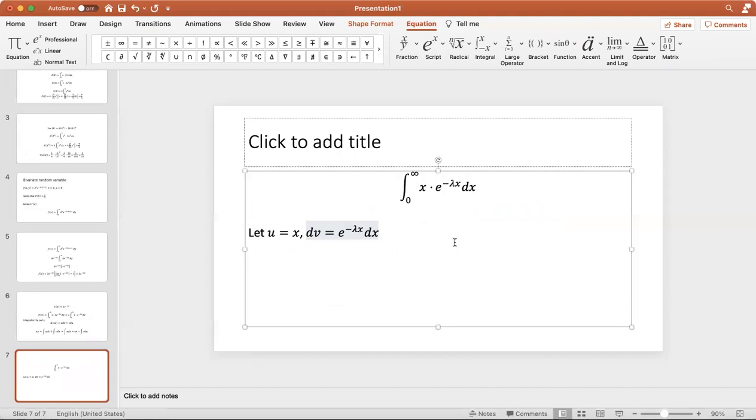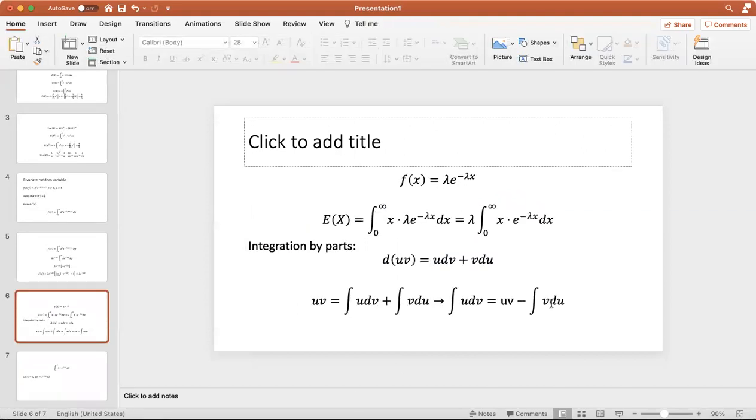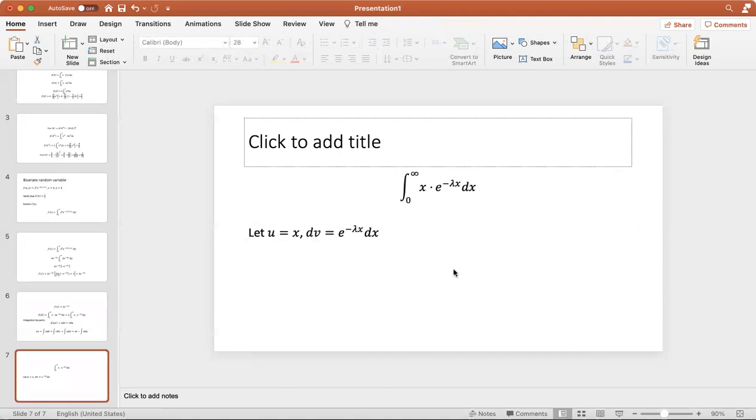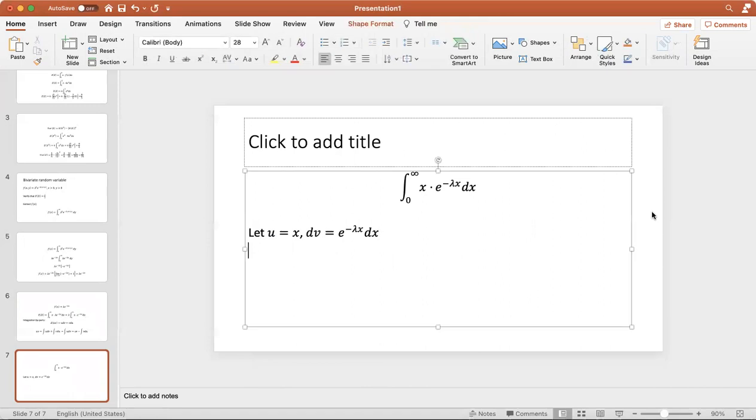Now, since we already know what u and dv are, it's just a matter of getting v and solving for v du. We can do that by taking the differential of u and solving for v from this expression.